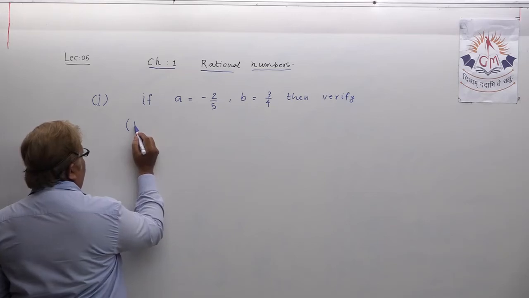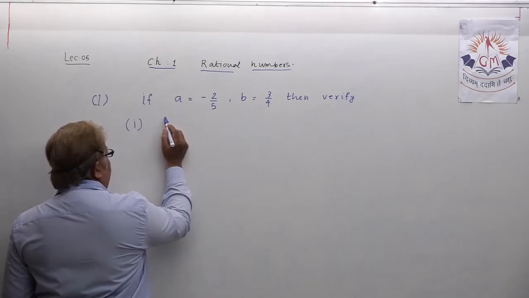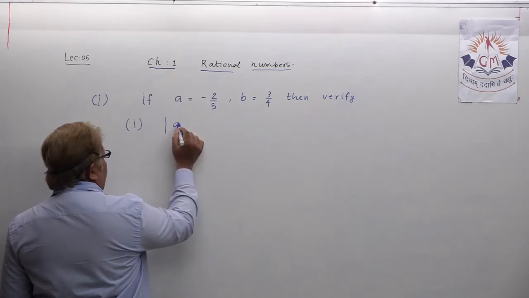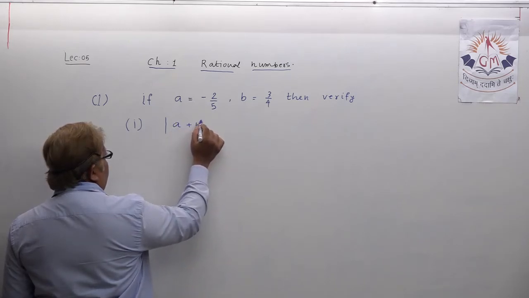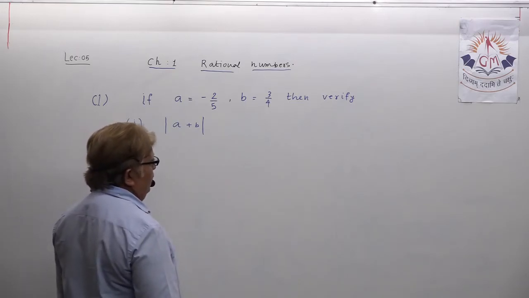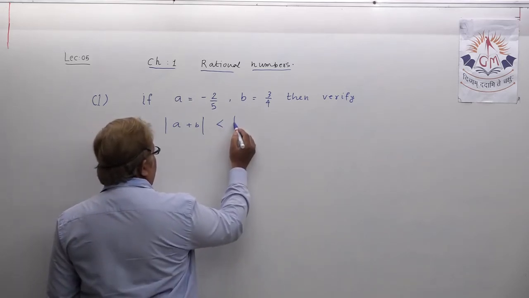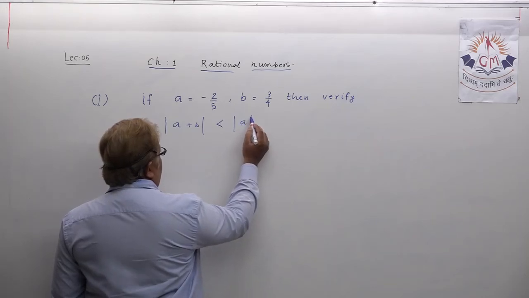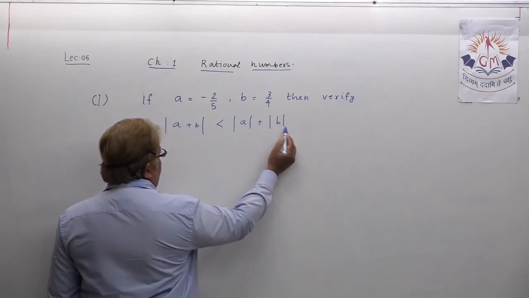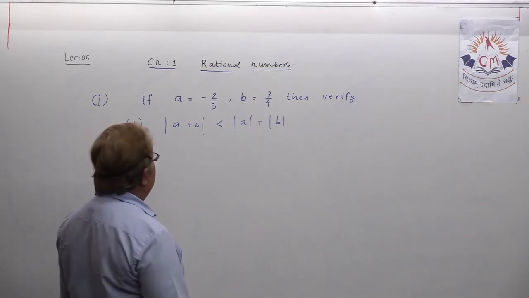Verify that modulus of A plus B, that means the absolute value of A plus B, is less than modulus A plus modulus B. This is the first option you need to verify.